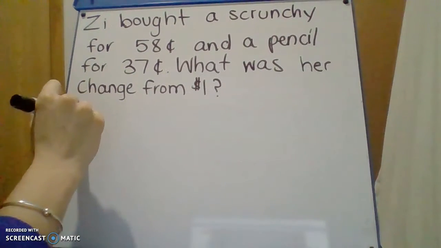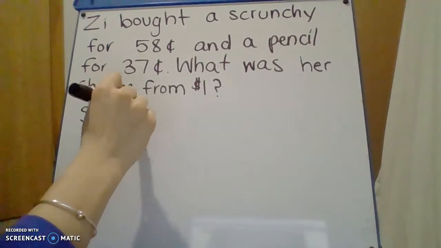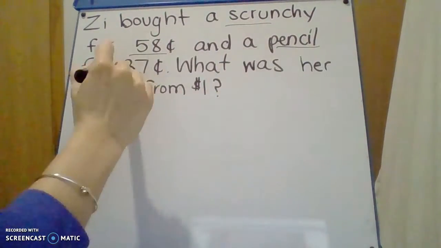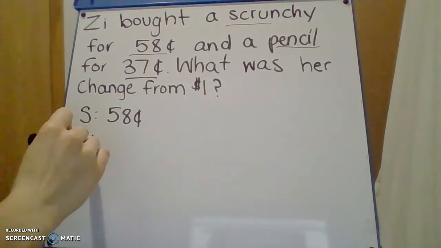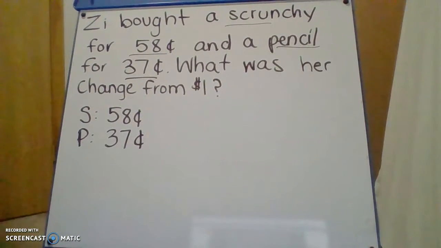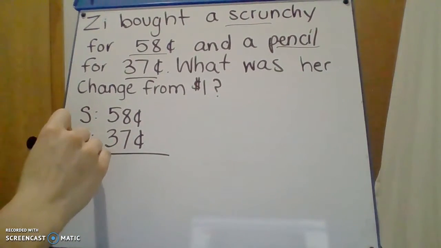She has the scrunchie. I'm just going to label that S, and she bought that for 58 cents. Then she bought a pencil for 37 cents, P for pencil.